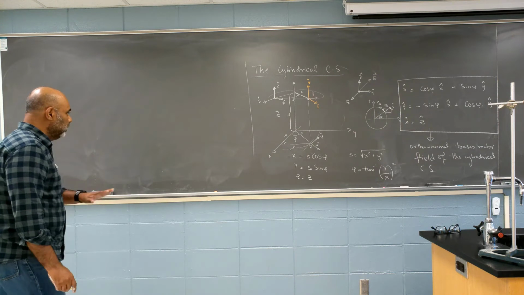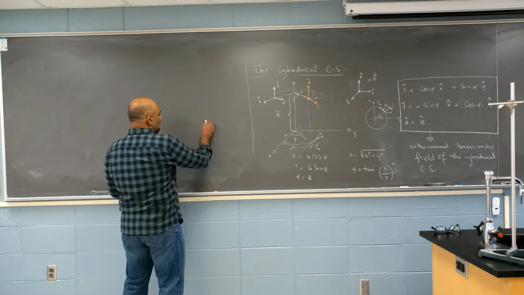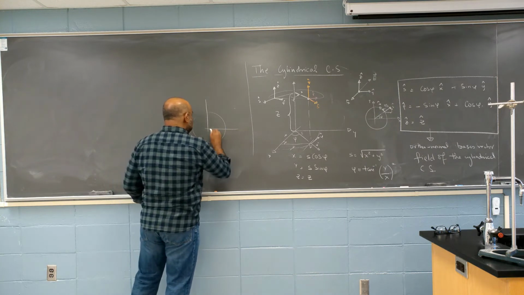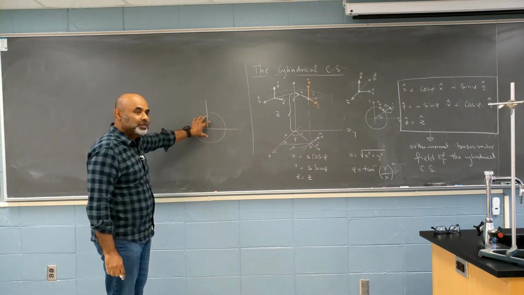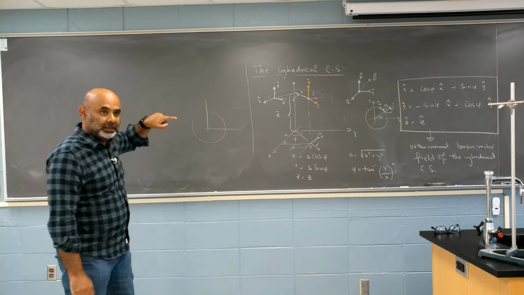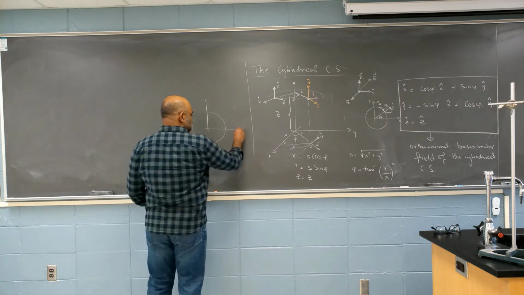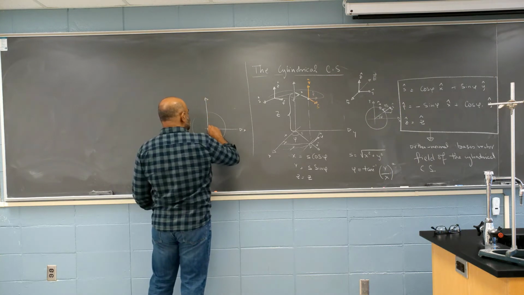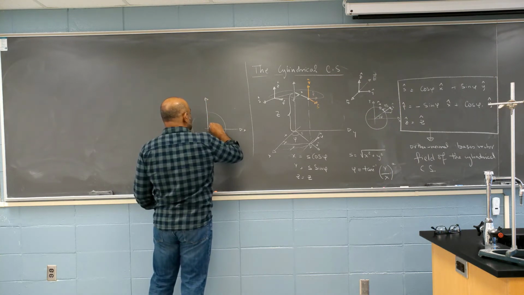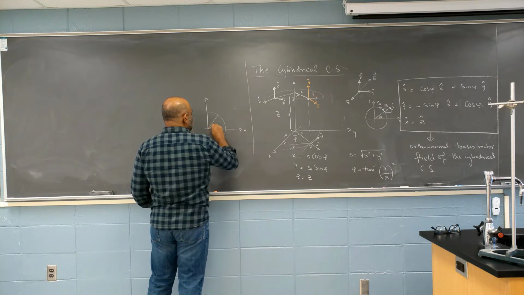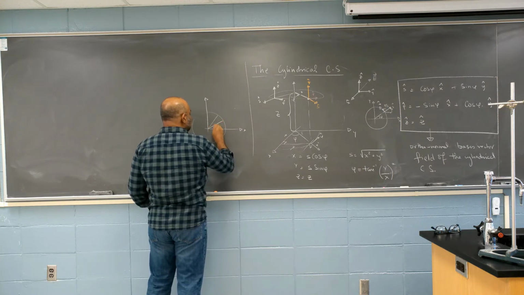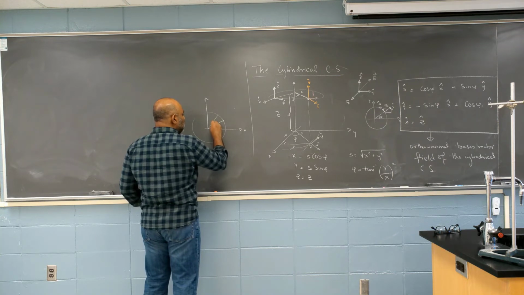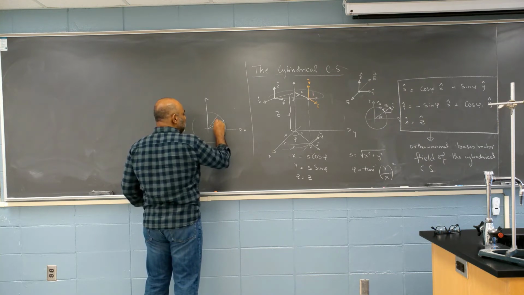Well, I'll make life a little more difficult for you. Again, please understand this is my XY plane, okay? Z comes out like this. X, Y, and so then this is my S, and what I'm going to do is rotate this point by a small angle, d phi.